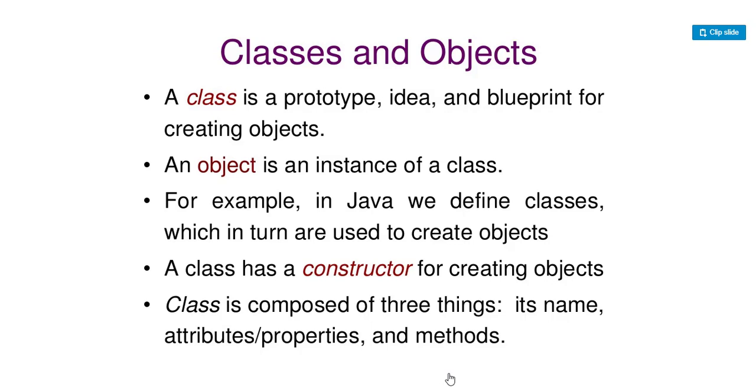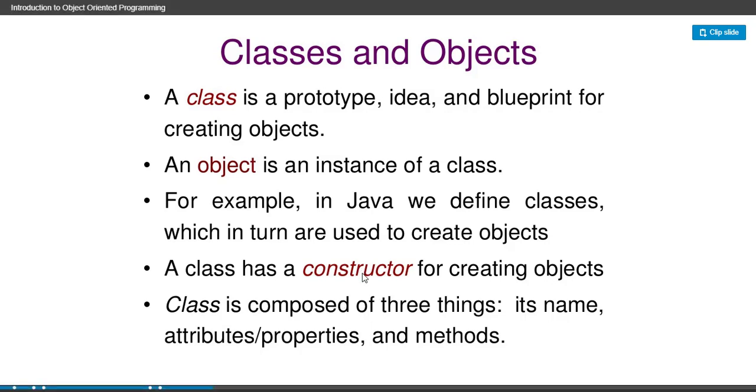Those functions will be like I can make a phone call, I can record video, I can take pictures. So these are called the behaviors of an object. These will be designed inside a class. So in other words, class is a design of the object and object is the realization of that class.